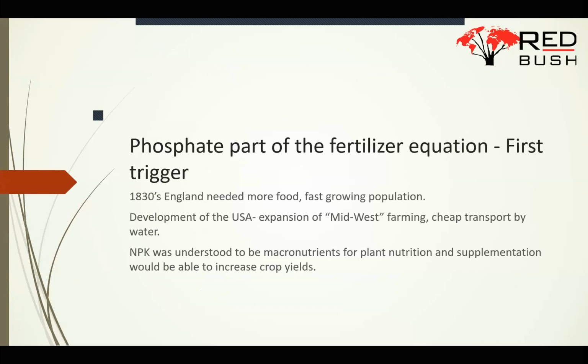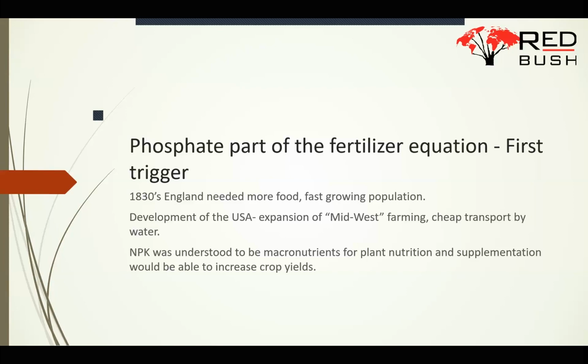Okay, so the first trigger we have for exploration and exploitation of the phosphates as a fertilizer is in 1830. England needs more food, and it has a fast-growing population. There's a development of the United States. It's a new country. There's expansion into what they call the Midwest.